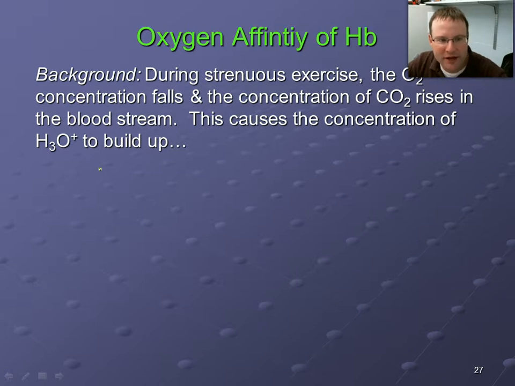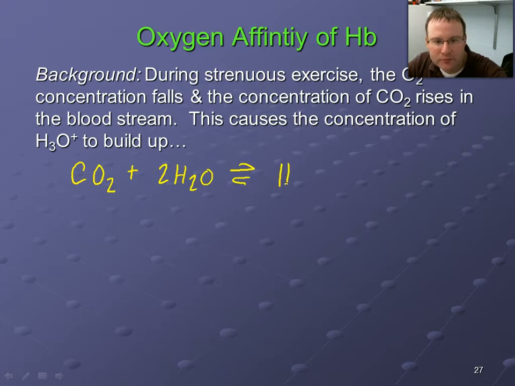The way it's going to do that is partially through enzymatic processes, but the bottom line from Gen Chem, you may recall that when you dissolve CO2 in water, CO2 will actually do a reaction, an equilibrium process with water, where CO2 will produce bicarbonate, which is not what we care about at the moment, but it will also produce H3O+.